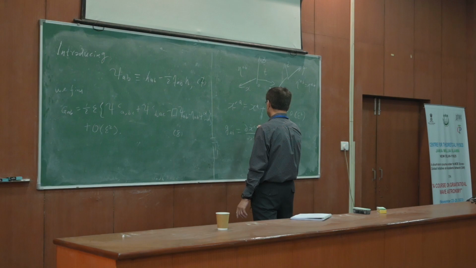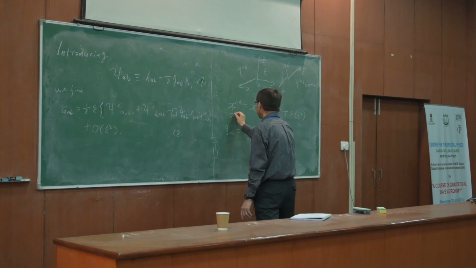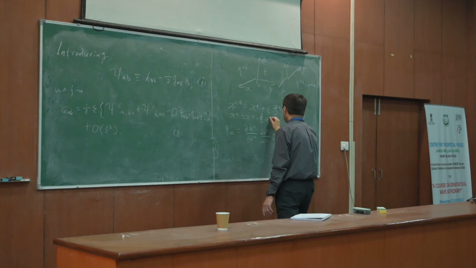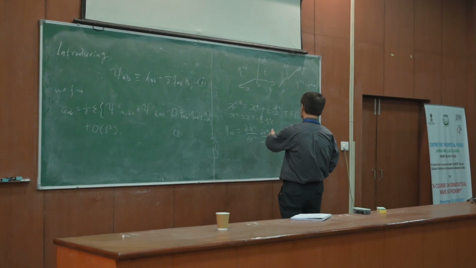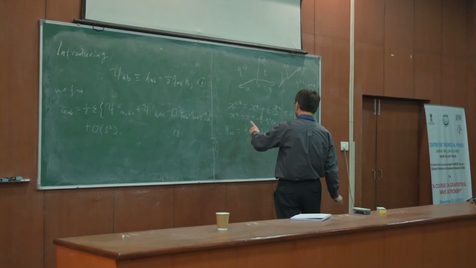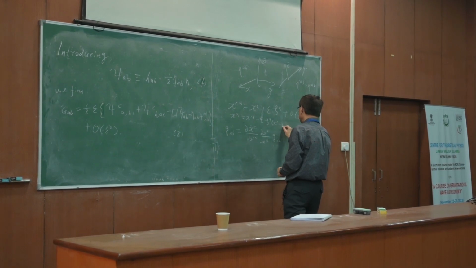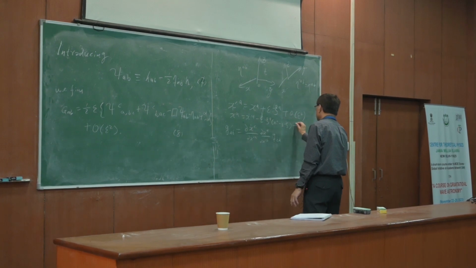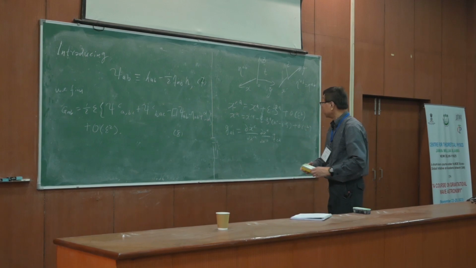Here you can see now I'm going to write X A equal X prime A minus epsilon psi A. Now this is going to be a function of X, right? Now X equal X prime minus epsilon psi. You can just plus O epsilon squared.